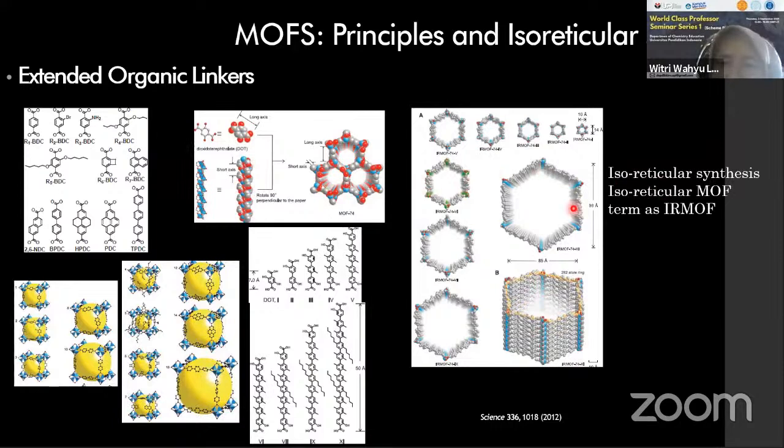If we use the same type of ligand, for example, a linear ligand, or a ligand like hydroxyterephthalate, we will have a hexagonal channel like this, with just a difference in porosity or length. This we call isoreticular synthesis of MOF.